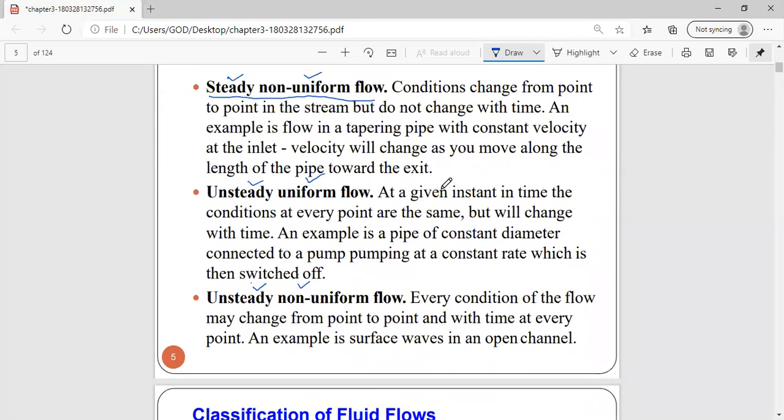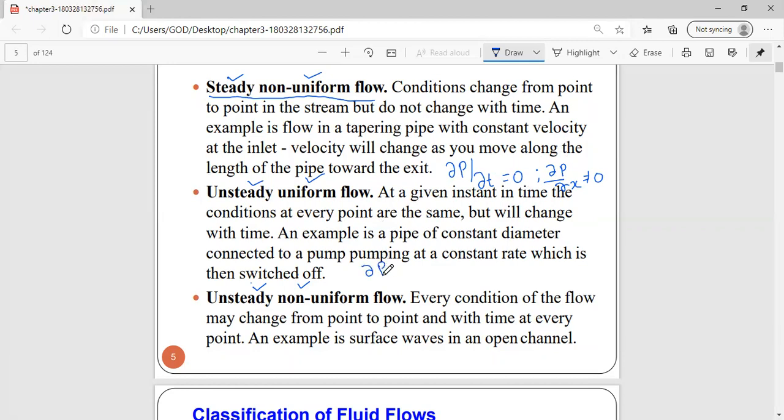You can see here. Now how can I write? Dou P by dou T, for steady, that means with reference to time it is constant. Dou P by dou T is equal to 0. At the same time, dou P with reference to dou X is not equal to 0. For this, how can we write? Unsteady.